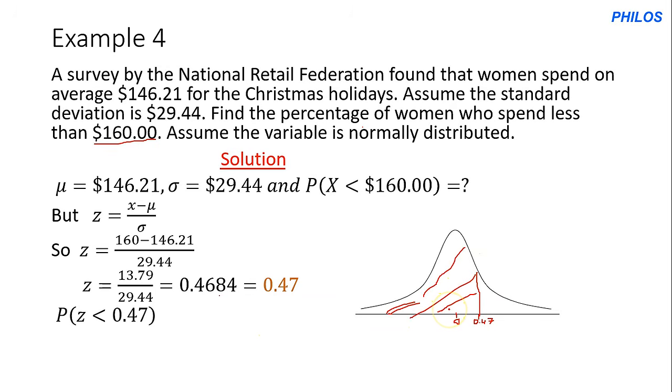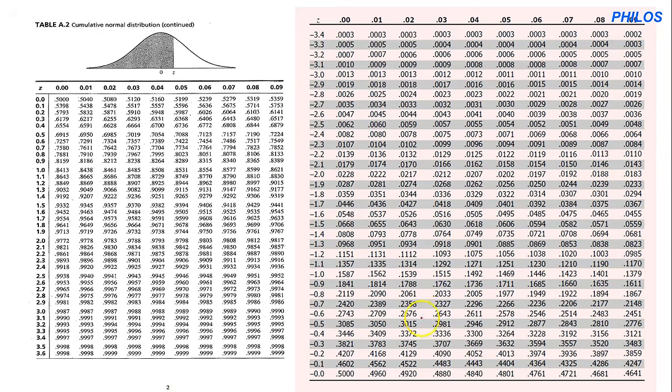Now to get that, we take our z table and then check positive 0.47, isn't it? So let's go and check positive 0.47 on a positive z table. This is 0.4. So we check where 7 is. This is 7 here. So positive 0.47 will give us 0.6808.